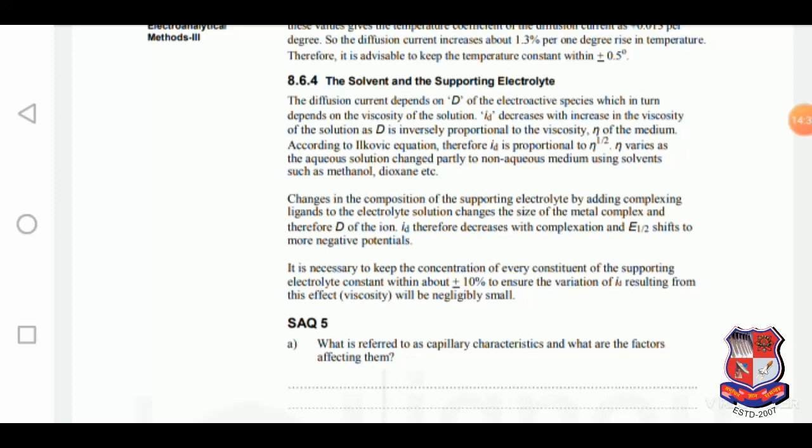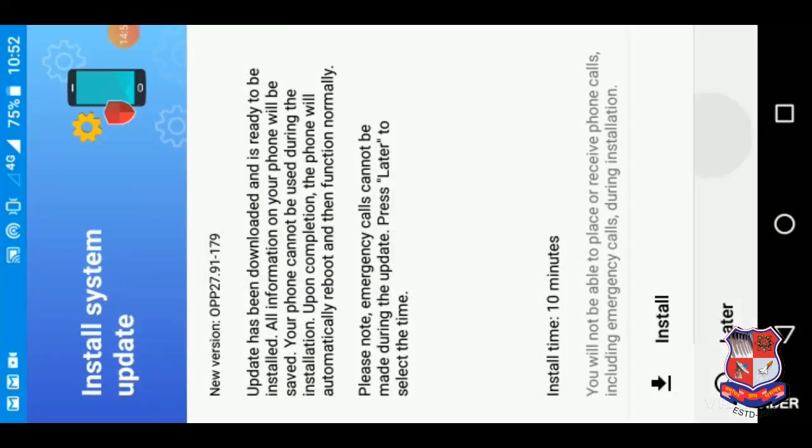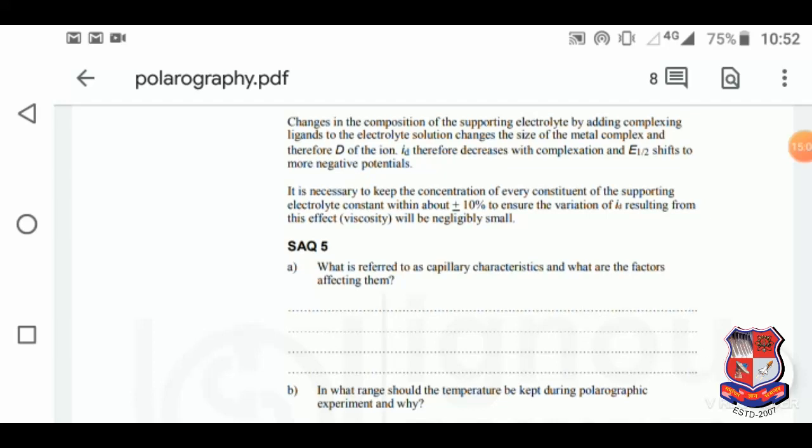According to the Ilkovic equation, therefore, ID is proportional to eta raised to minus 1/2. Eta varies as the aqueous solution changes partly to non-aqueous medium using solvents such as methanol and dioxane. Changes in the composition of supporting electrolyte should be kept constant within about plus or minus 10% to ensure the variation of ID resulting from this effect will be negligible.